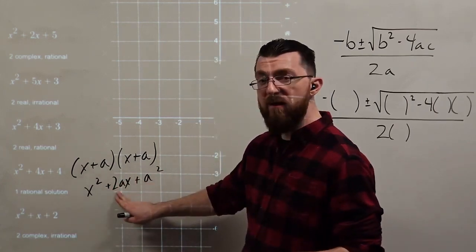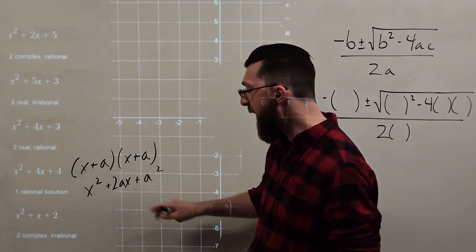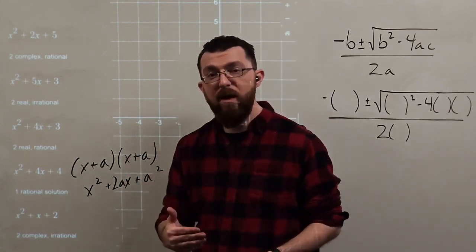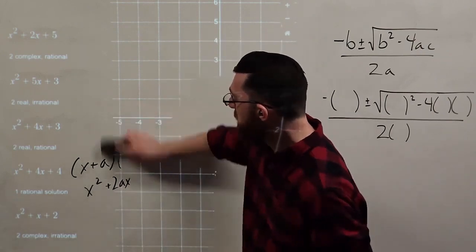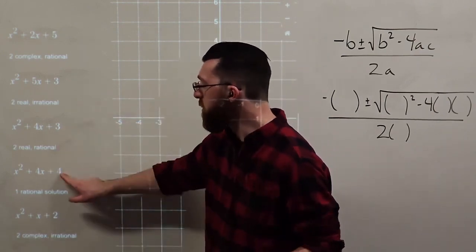So cut this in half and square it, you've got that. Half of 4 is 2. 2 squared is 4. And that means that you're going to end up with just one solution here.